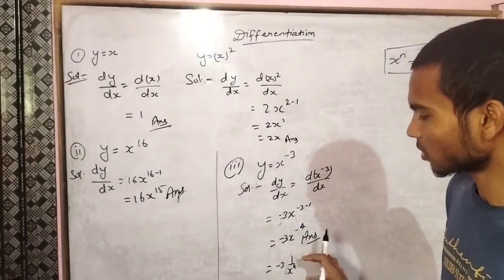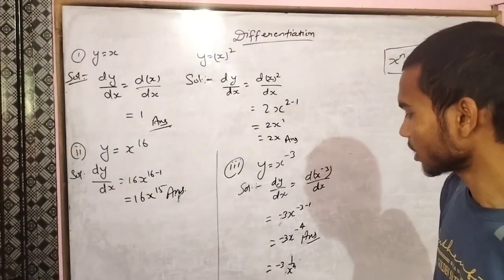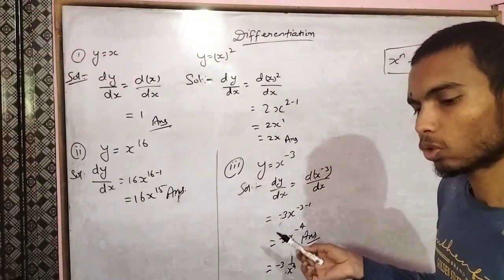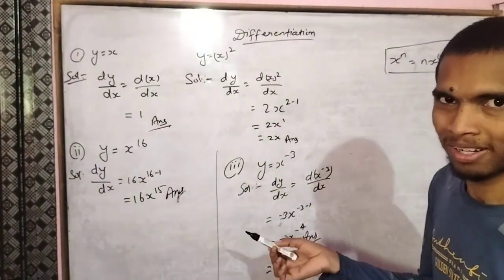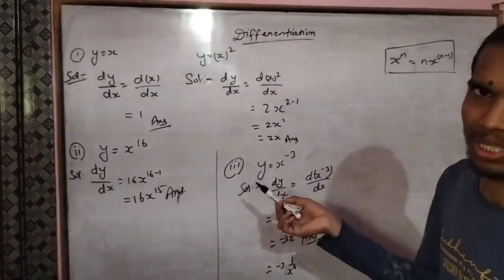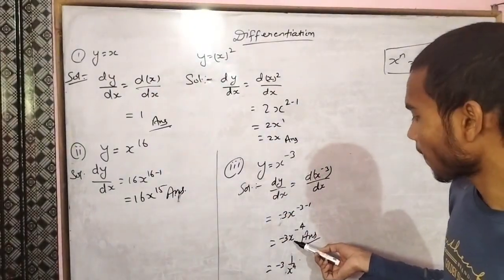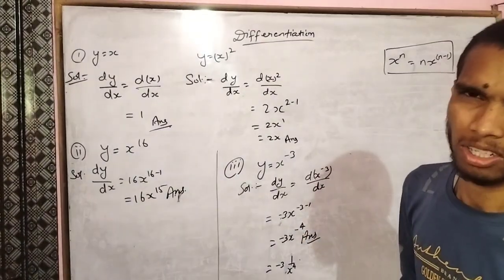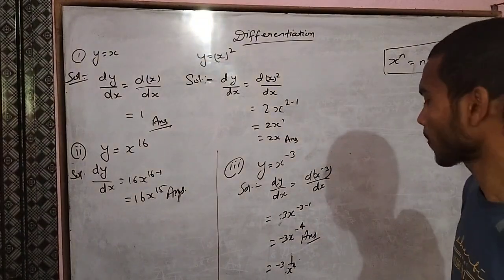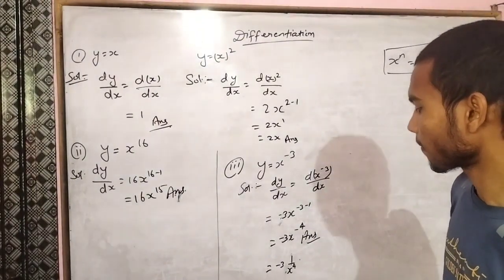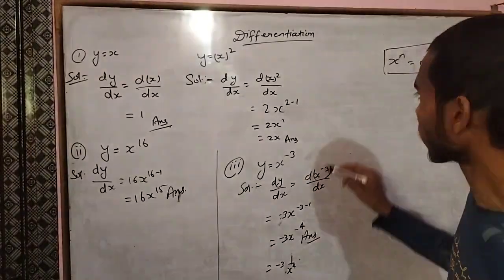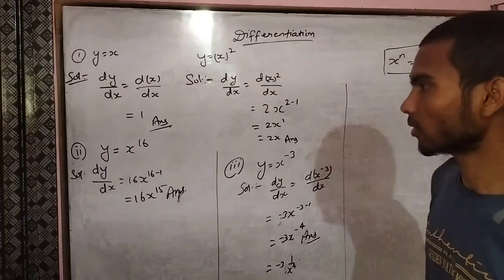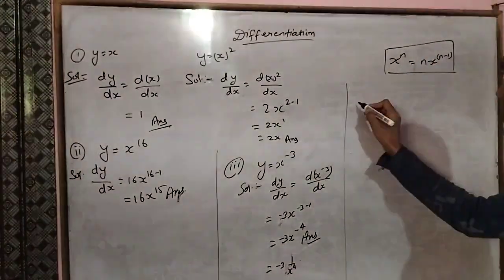You can see, the answer is the same. To change the operation, addition, subtraction, multiplication, division, we change the position of the variable or numbers. Okay, like that.